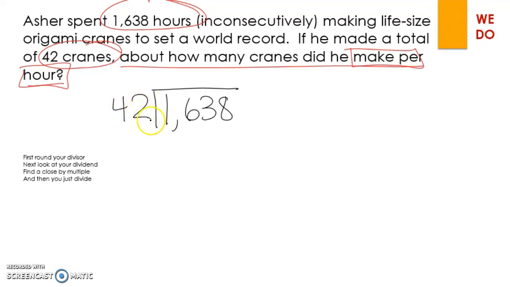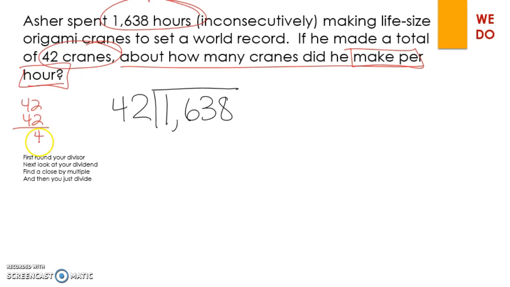1,638 divided by 42. First, let's use estimation to solve the problem. So I'm going to ask myself, about how many times do I think that 42 goes into 1,638? I know off the top of my head that 42 times 2 is 42 plus 42. So I'm writing my thinking over here in red.